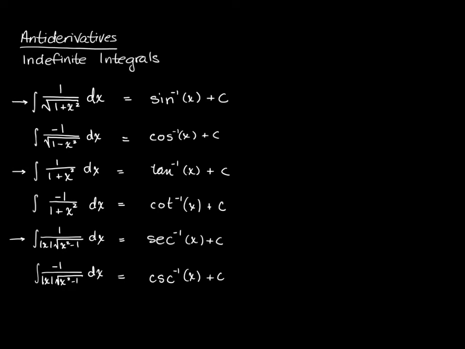So the antiderivative of negative 1 over the root of 1 minus x squared is cosine inverse. Again, really what's important is that you recognize the form so that they're easy to find. In addition, sometimes taking an integral requires the use of a particular strategy. And the strategy that you use may depend on what your antiderivative ends up being. So again, recognizing the form is critical.